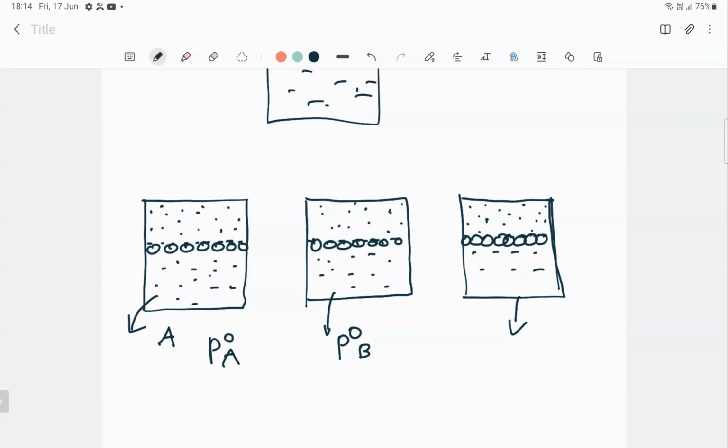I'm asking about the separate solute and separate solvent, then the intermixing. Here there is no word partial because intermixing is not taking place.